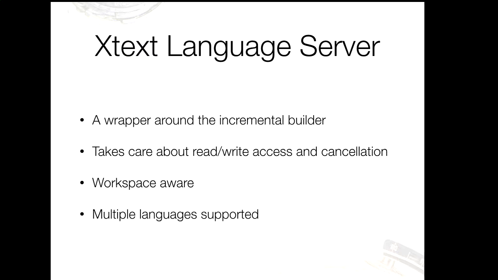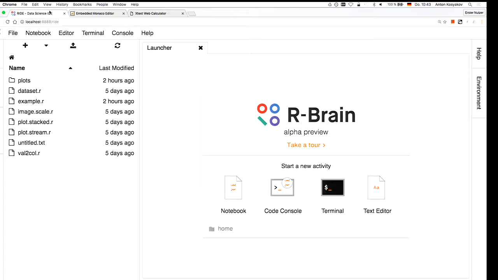And so using the Xtext language server and Monaco, we built a product which you've probably already seen several times during the conference. Yes, I want to present it again, but please look at it from a different perspective: how editors interact with each other. So it's a data science IDE, it supports the R language.